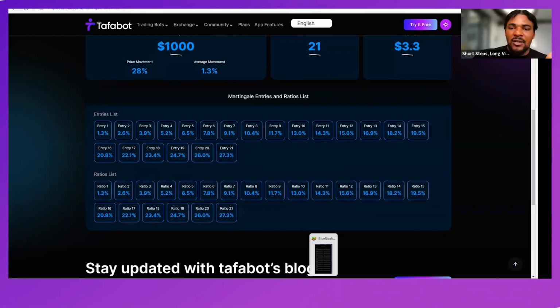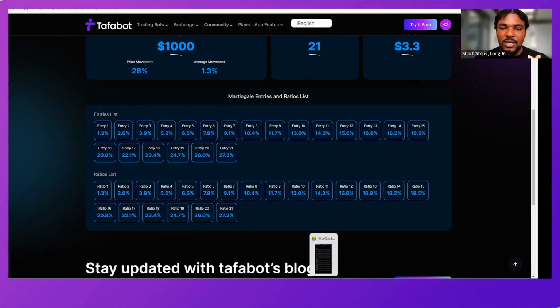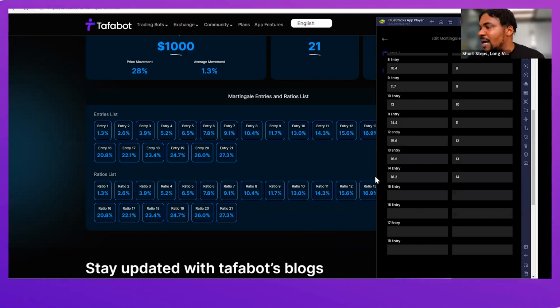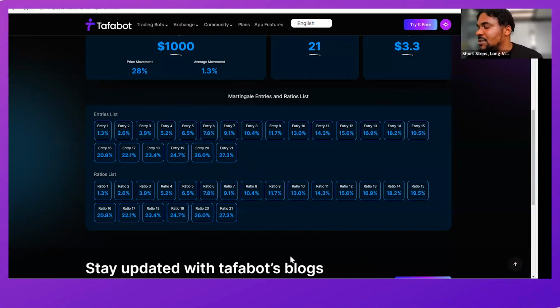This structure, the way the calculator is created, it reads the price at each of these entries, where the price would be currently, and then gives you what should be an average using some mathematical calculations. So if the market goes against you the full 27%, you will possibly be about 1 to 3% away from the market entry, which gives you the best average price, so that when the market just starts moving, it's totally in your favor. You don't have to wait for big price movements. So we have the position 15 at 19.5.